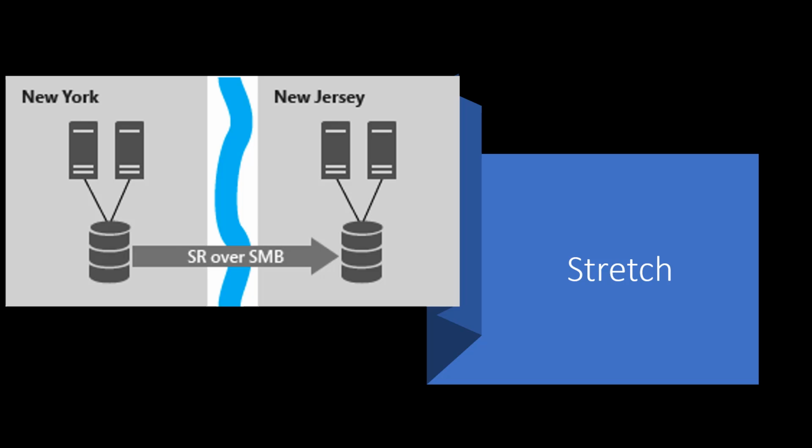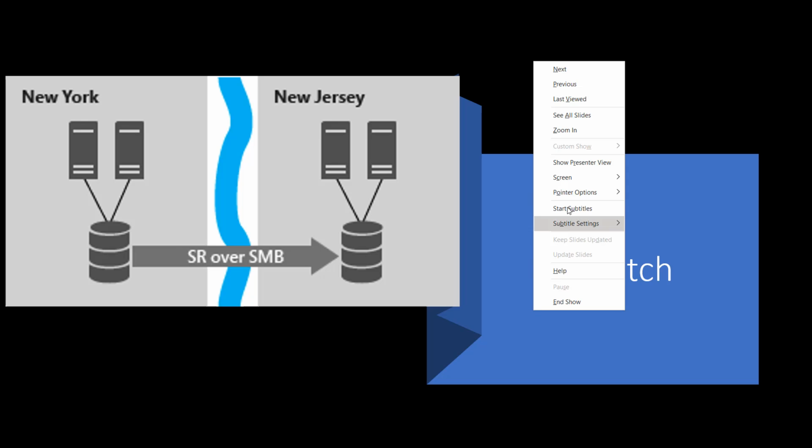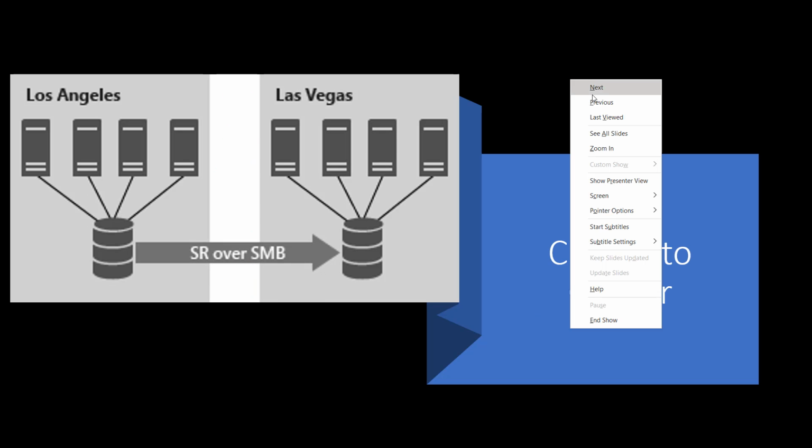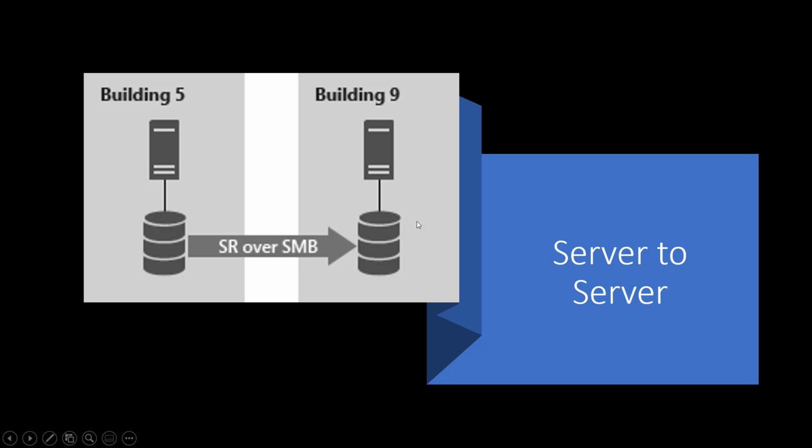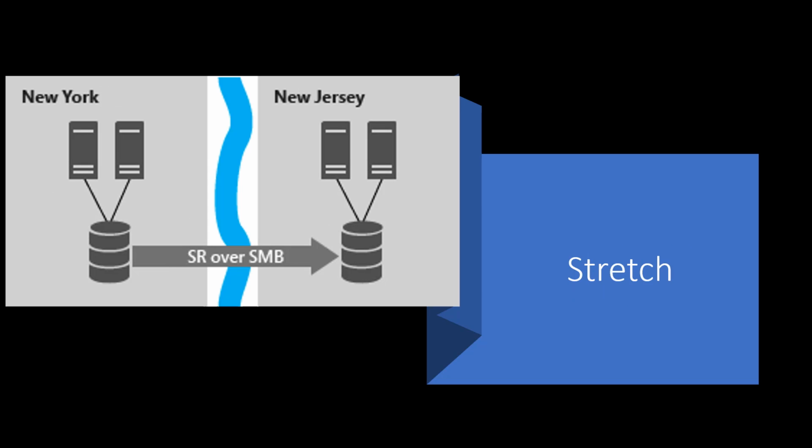So if there is a failover, if you want to call it, you want to move from, say, this first one, building 5 to building 9. You just reverse the partnership and bring up your application, virtual machine, whatever it is that you're running. And at that point, everything is reversed. You're working off of building 9. But this is a manual process that you have to do.